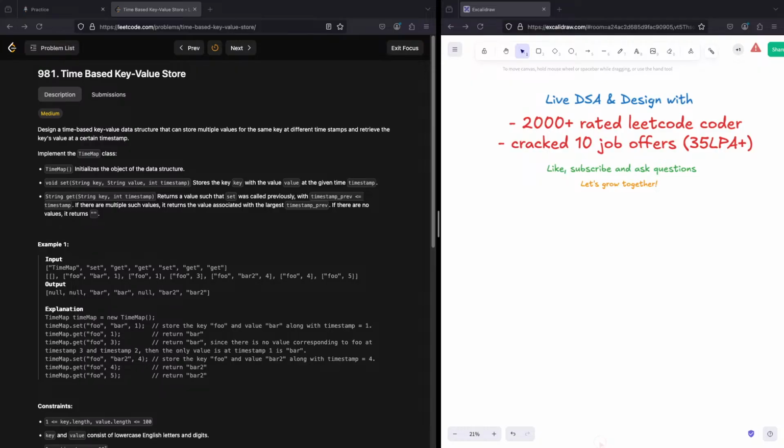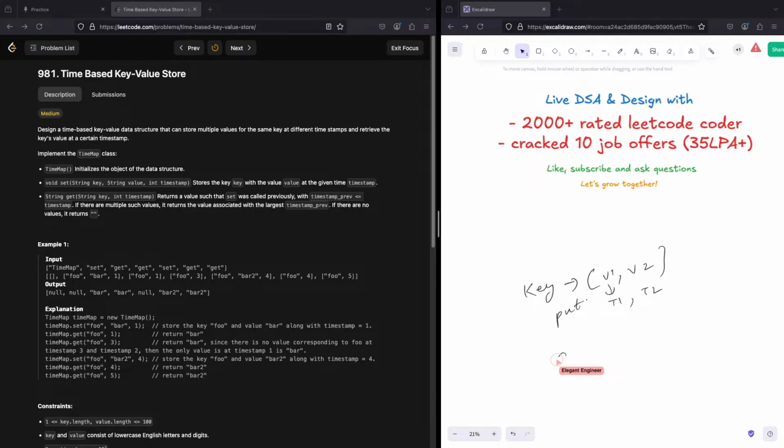To design a time-based structure that can store multiple values for the same key at a different timestamp. Okay, so you have a key that has multiple values, value 1, value 2, and each value is at a timestamp. Like this is at T1, this is at T2. So this is like a put, and then you have a get, right?